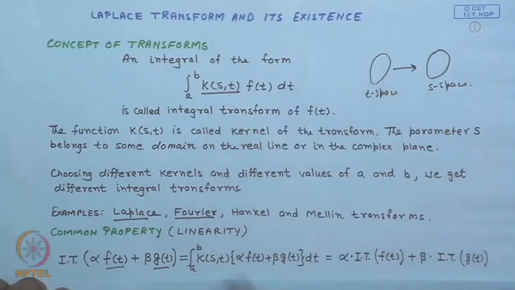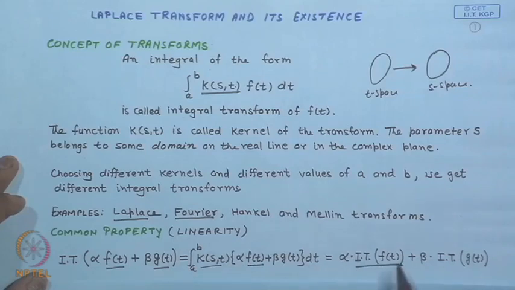k(s,t) times the function alpha f(t) plus beta g(t) dt, and then we split this integral into two integrals. Alpha is a constant, so we can take it out: alpha times the integral from a to b of k(s,t) f(t) dt, and that will again be the integral transform of f(t).